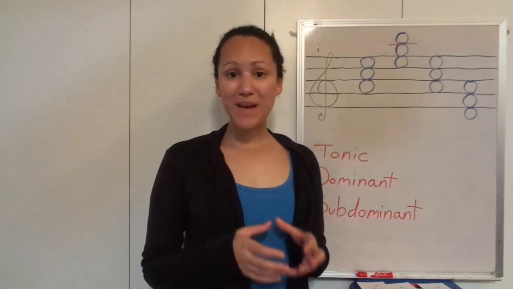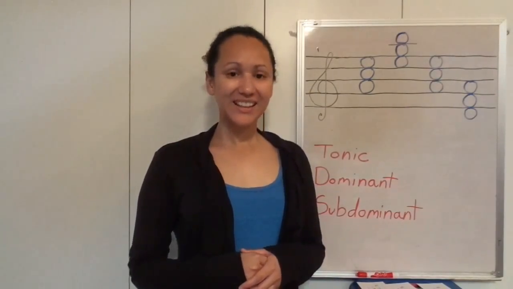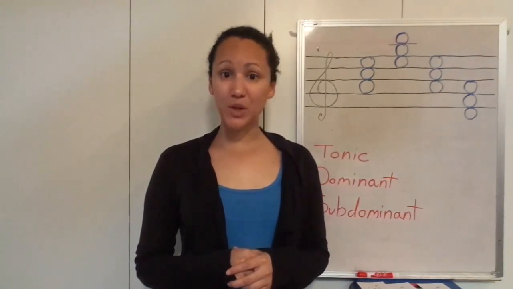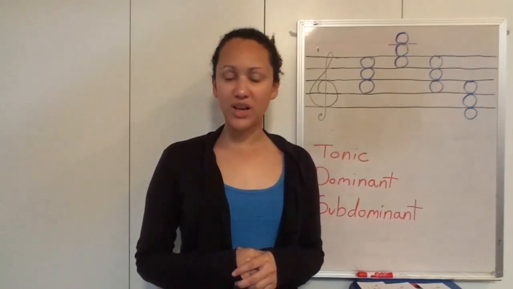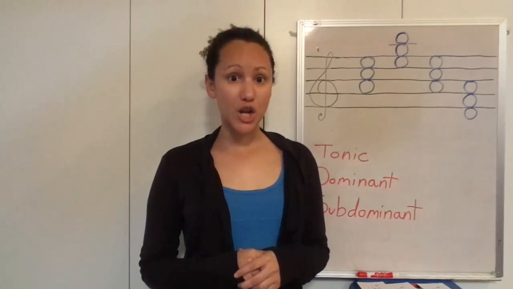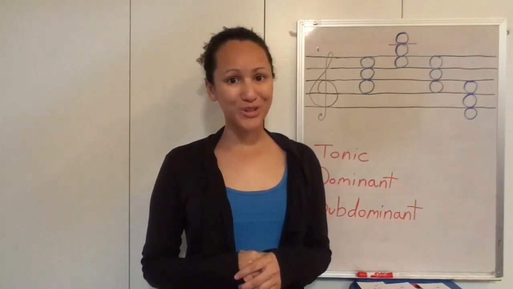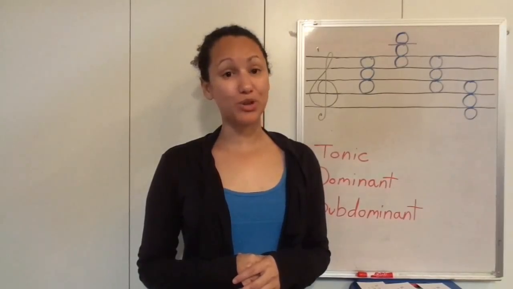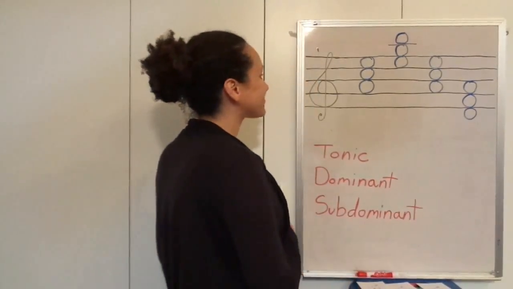Now, when we're going back to A minor, our first minor key, let's take a look at our primary chords, or primary triads. A triad is just a chord that is built of 3 notes, and most chords are triads, and most chords are actually built on thirds. So let's take a look at these ones.